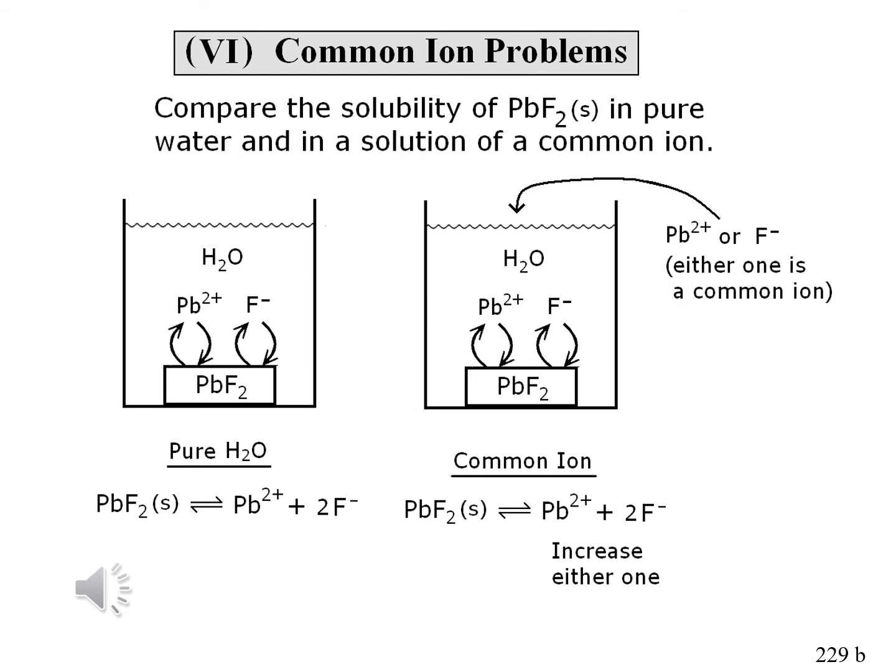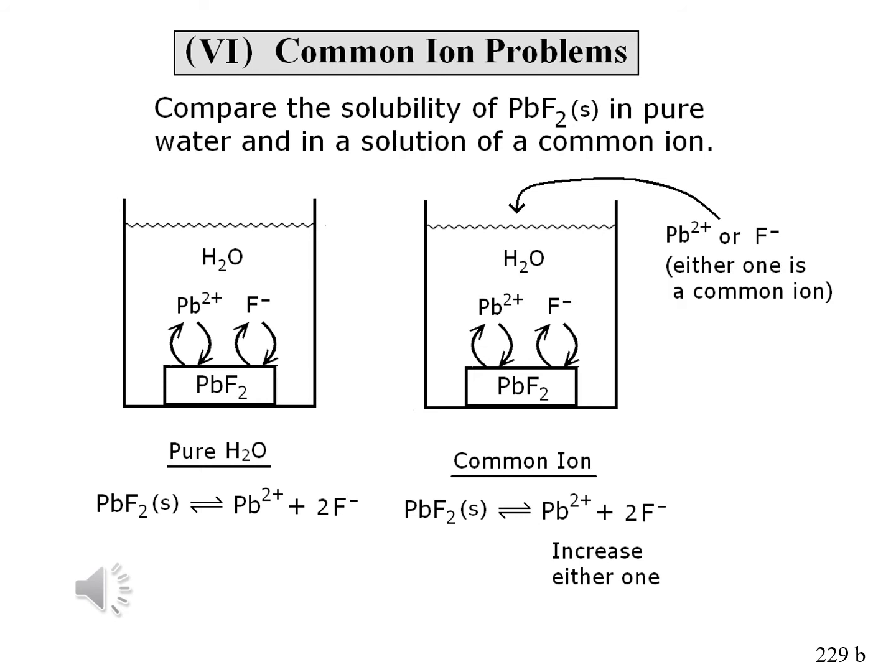What a common ion is, is that you could add to the solution either of the 2 ions that are in the salt. You can either add lead or fluoride to the water, but you don't want to add both because you don't want to make more solid. What you want to do is get the ions that are in the solution to come out as a solid.